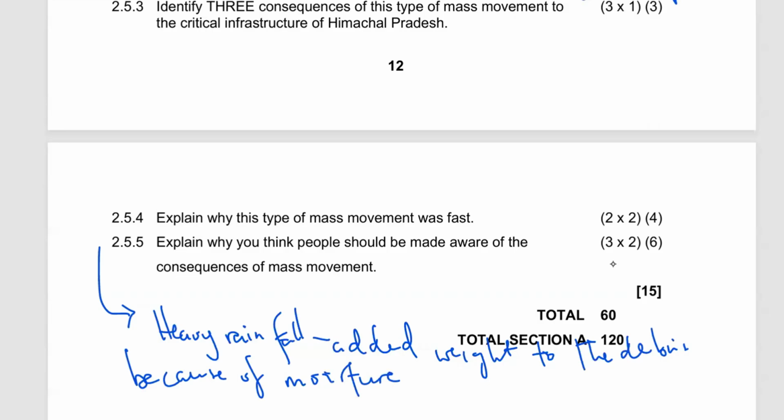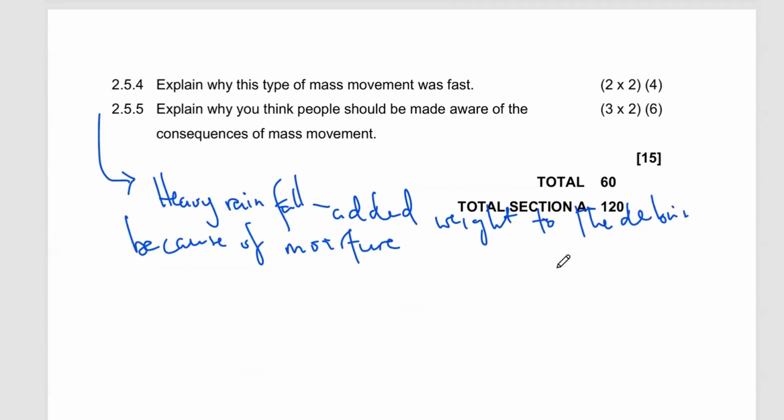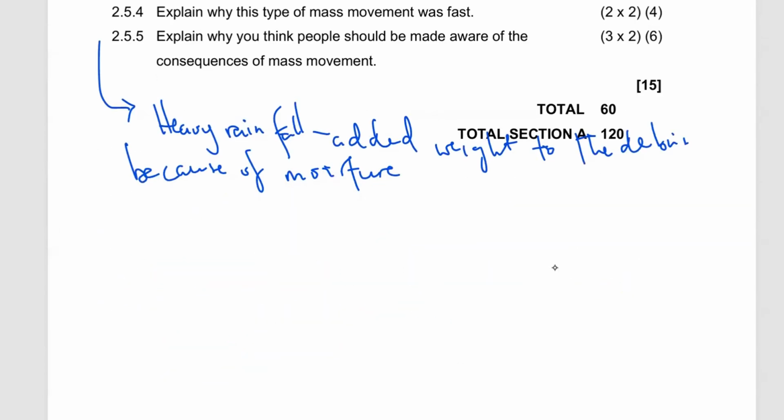So the rainfall added weight to the debris because of moisture. So when there's moisture in the soil material, it can easily move faster because of the weight. It's now heavier because of the added weight, and then it can move faster down the slope.